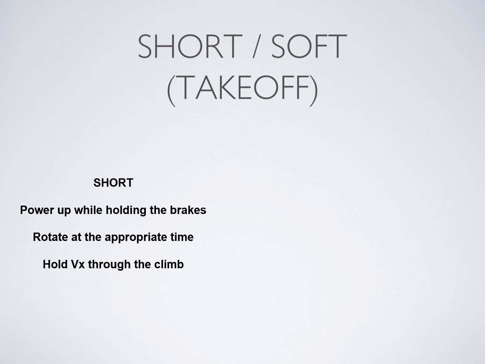You want to rotate at the right time at the right airspeed, but trust me, you don't want to fixate on the airspeed indicator because you're going to go off centerline. So as much as you can, maintain your outside focus as you do during the takeoff, but glance periodically or try to get a sense of when to rotate on these short field takeoffs, and then hold VX through the climb again, but not staring at the airspeed indicator.